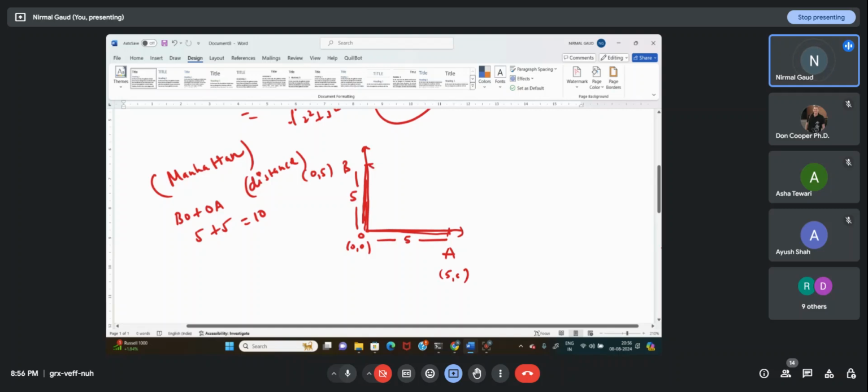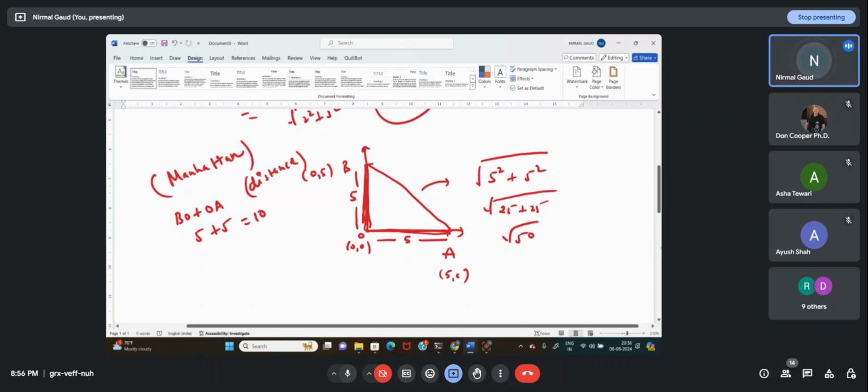However, if I calculate the shortest distance, this is the shortest distance. That is equal to this square plus this square, according to the Pythagoras theorem. You know about this. So under root of 5 square plus 5 square, that is under root of 25 plus 25, which is under root of 50.